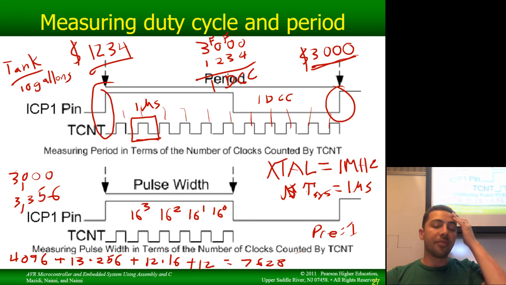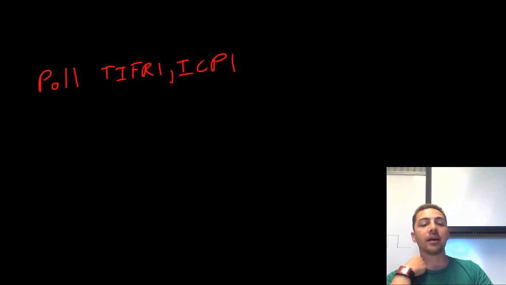Okay, now what that means in terms of code, let's just assume that we're dealing with polling for a moment, is you're going to sit and, still don't have a pen that writes, you're going to poll the TI flag register 1 for the input capture flag. At that time, you're going to sit here and wait for this to occur.